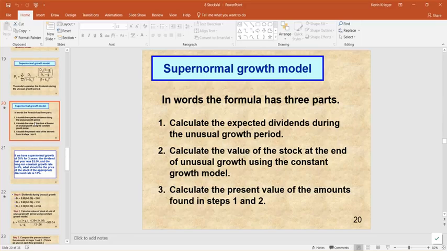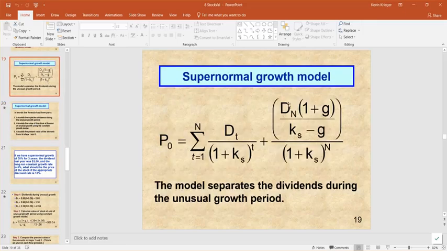So in words, what are you really doing? You're going to get the special dividends, the ones where the dividend is growing fast for a while. You're going to get those exact amounts. And then once the growth kicks in, the permanent growth, the g kicks in, then you need to get one more regular dividend. That, in so many symbols, is this here, the Dn times 1 plus g.